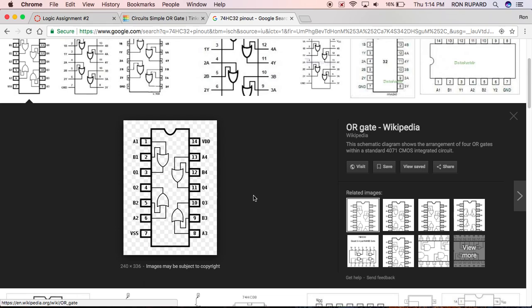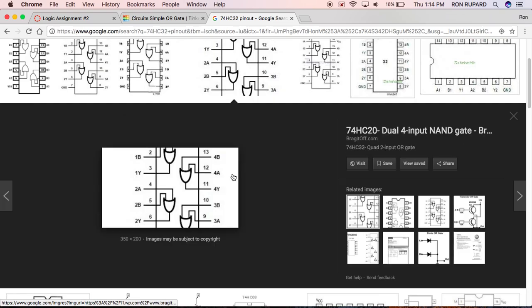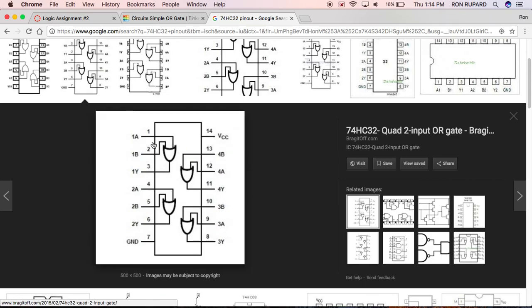Q, and then that's actually wrong notation. Should look like that. And so you've got to find all of these. Here's the one I want. So yeah, 1A, 1B, 1Y, 2A, 2B, 2Y, ground, 3Y, 3A, 3B, 4Y, 4A, 4B, and voltage.